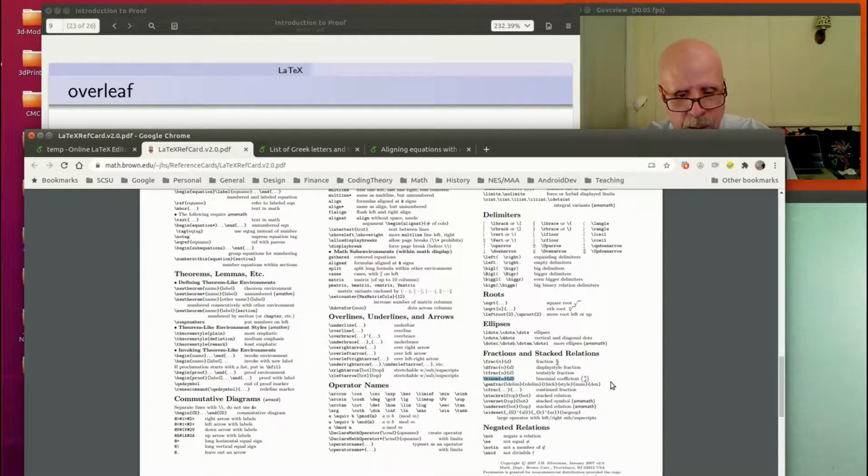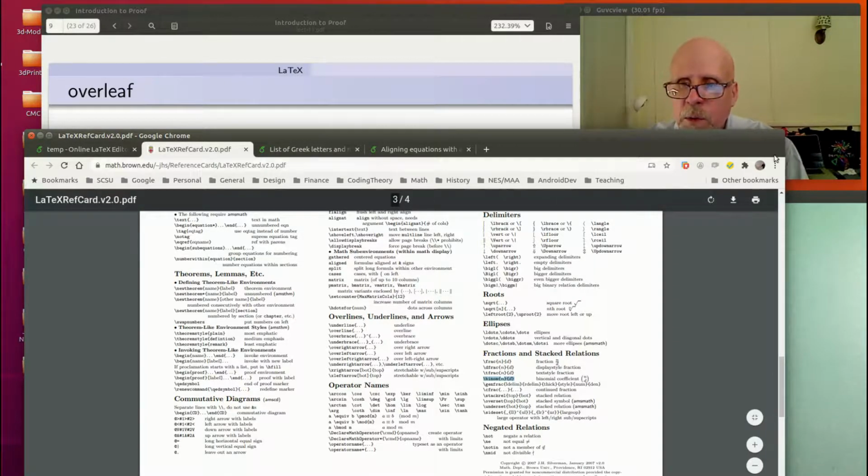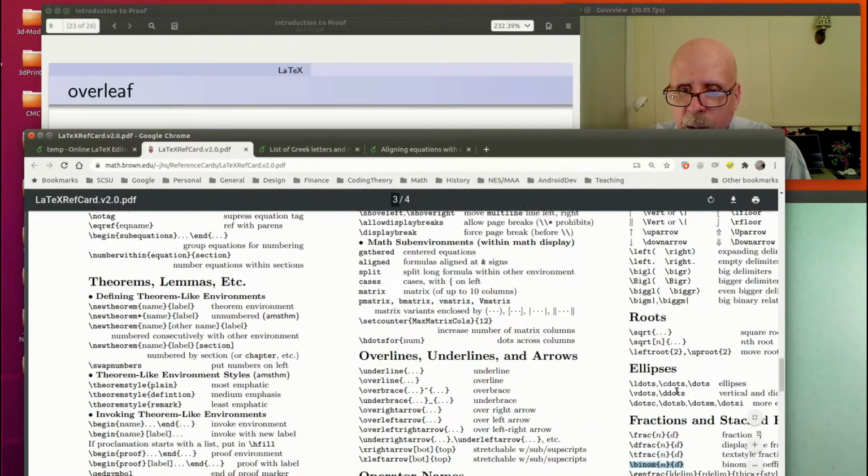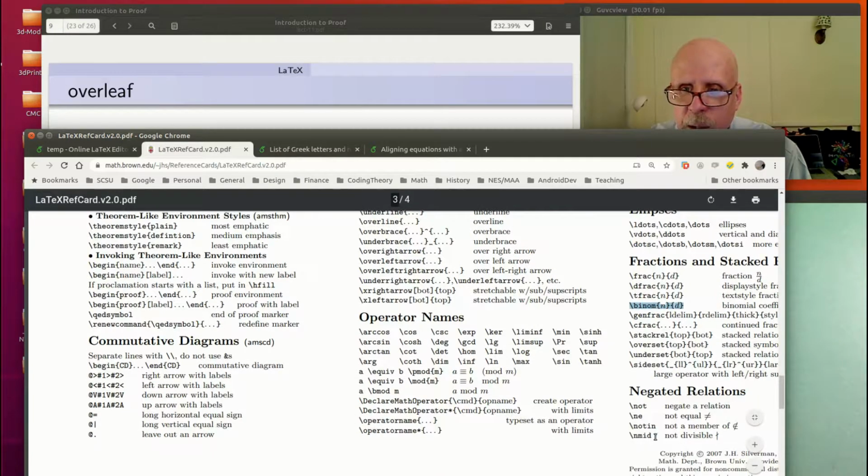Can't seem to zoom. Oh, here, there's a graphical zoom. That's the thing I was referring to. Binom, n and d gives you a binomial coefficient. You can see all these operator names: arc, cos, csc, cosecant, exponential, ker.